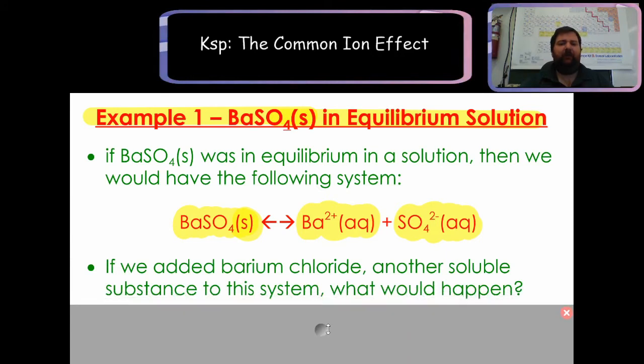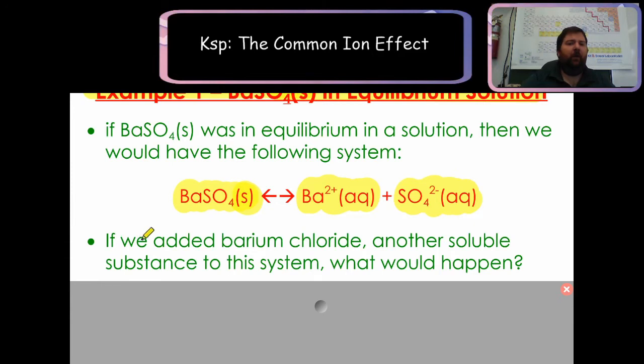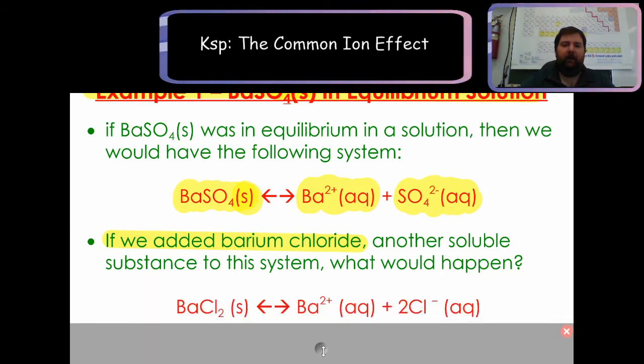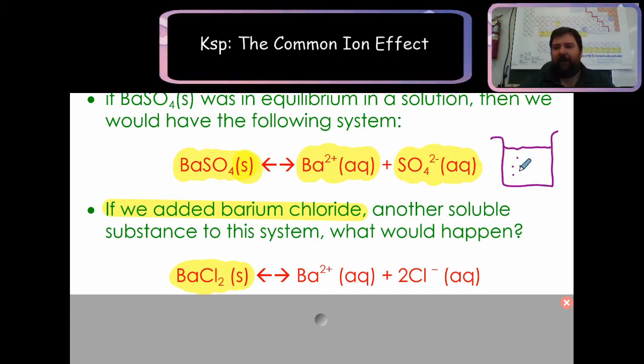Well, let's ask ourselves, if we have barium sulfate that's in equilibrium, what would happen if we added barium chloride? So barium chloride is BaCl2. If we add this in to our beaker, so let's say here we have our beaker, and it's full of a solution, and we have barium 2+ ions, and we have sulfate ions.